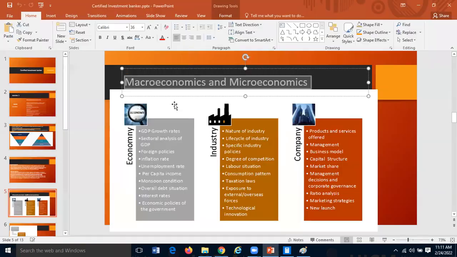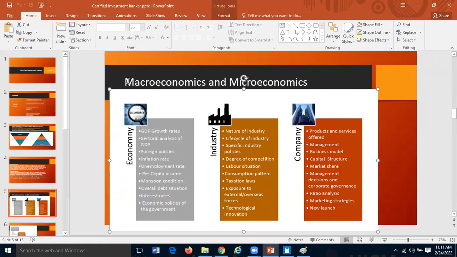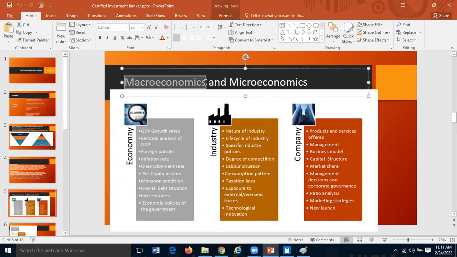Economy, if I tell you, is the macro. We will divide these, because we will see the GDP growth rate and how the company is performing. How the country will perform.